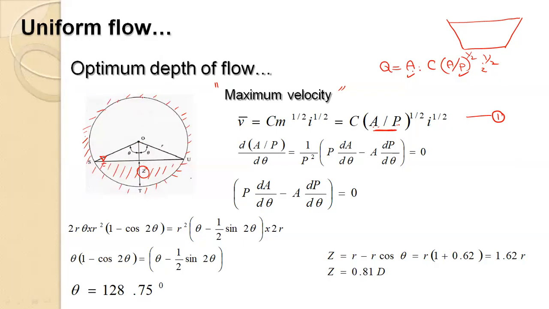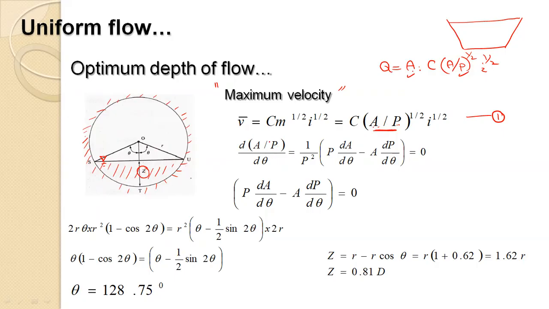When theta equals 180 degrees, Z equals capital D, the diameter of the pipe. So now I'm looking at the maximum velocity. For the maximum velocity to occur, using this equation, A divided by P should take a maximum value with respect to theta, or the water depth. I have made theta a dependent quantity for Z.